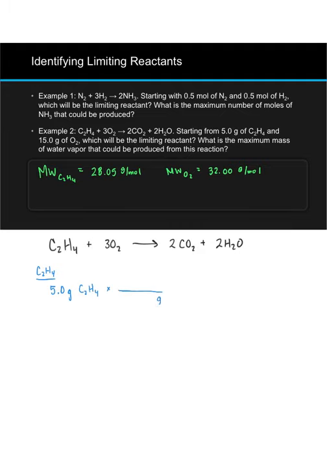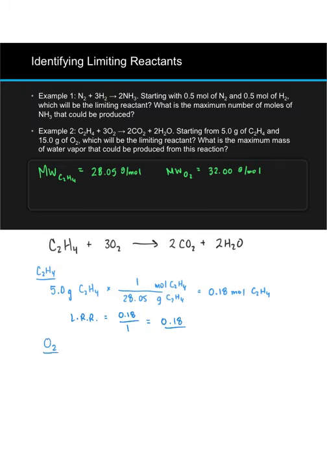Convert to moles by dividing by the molar mass. We get 0.18 moles worth of it. The limiting reactant ratio is the number of moles, 0.18, divided by the stoichiometric coefficient, 1. Just 0.18 for ethylene.